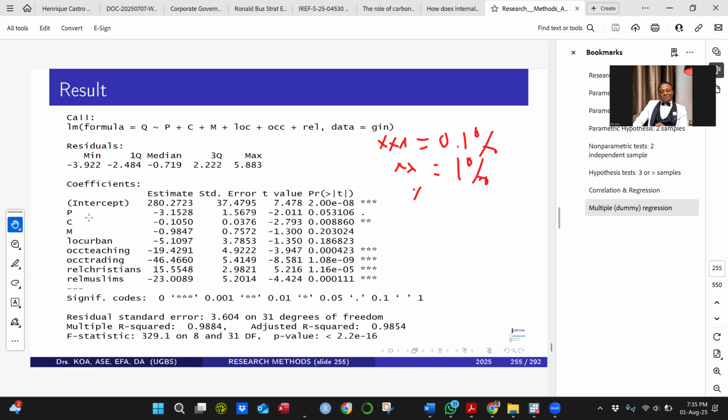One star is equal to 5%. And a dot is equal to 10%. So even though price is not significant at 5%, it is significant at 10%. Note that down. This is important.